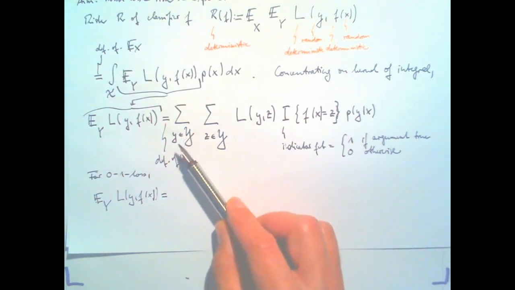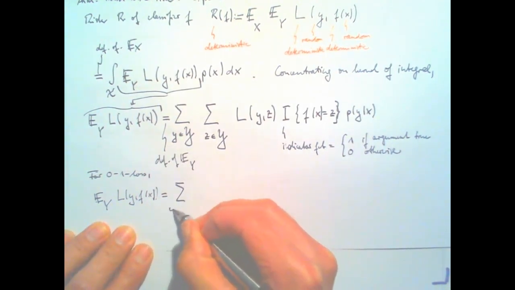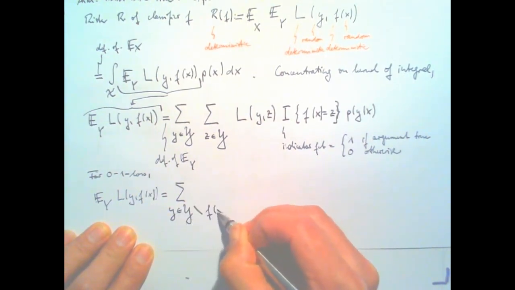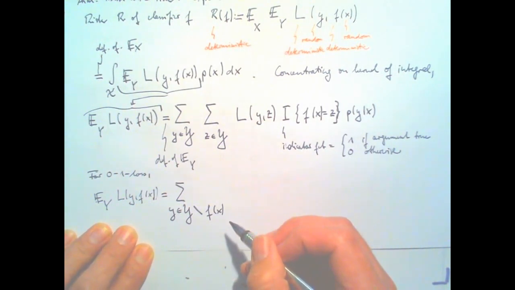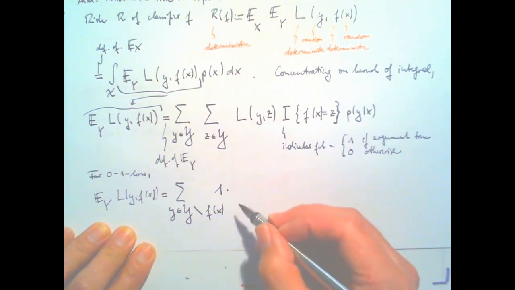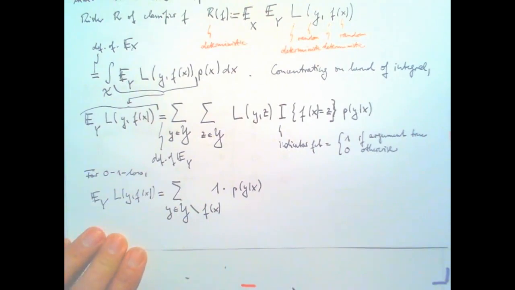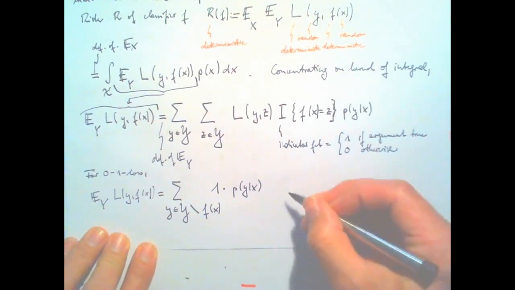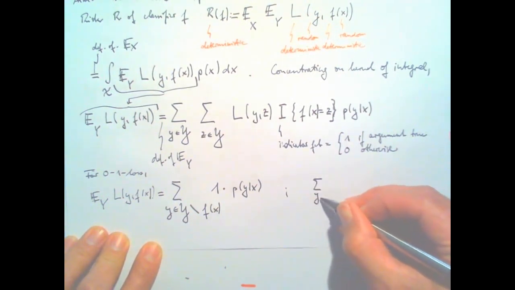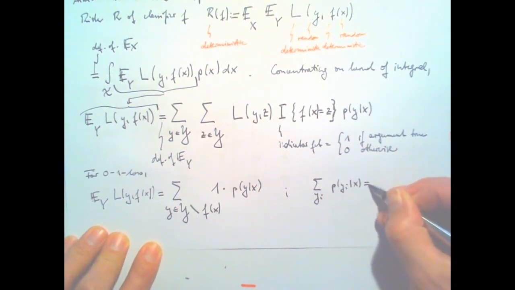Okay, so I can write this as a summation over all possible Y's except for the class that I have actually predicted. And for all these, the loss will be 1 times P of Y given X. Now, you remember this normalization property: the sum over all Y should be 1.